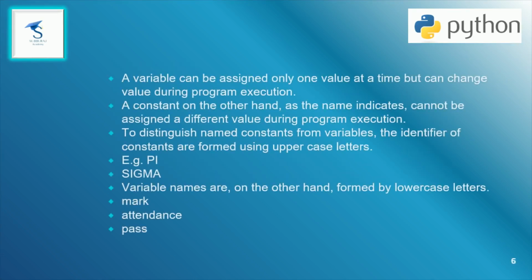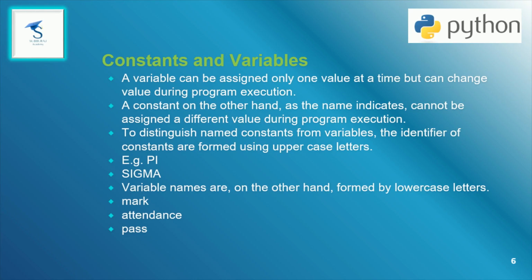In every program, we use different data such as name, register number, marks, etc. Some of them like name, register number will be constants and others like marks may be variable. They have to be assigned to an identifier for use in our programs. A variable can be assigned only one value at a time but can change value during program execution.